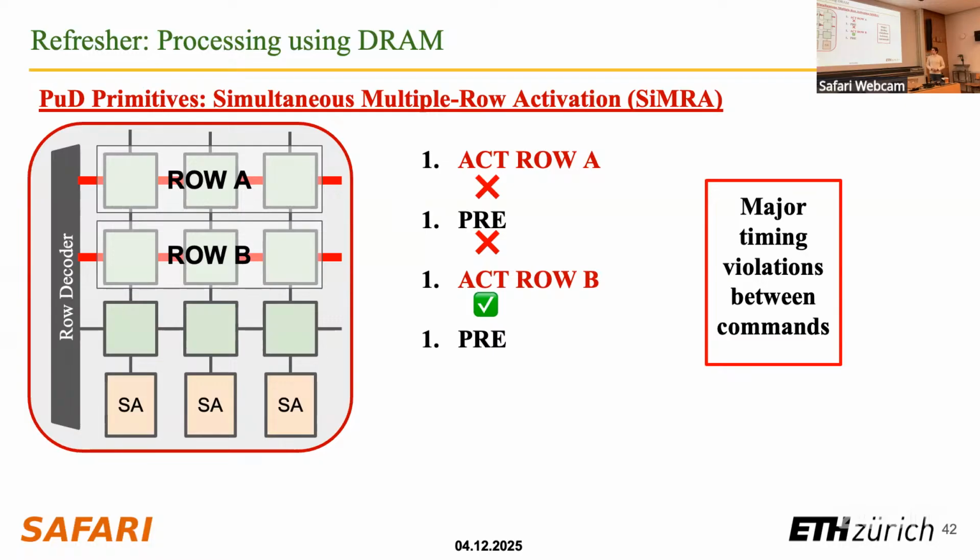And because of how the row decoder is manufactured, depending on which rows you activate here, other rows will also be activated because you violated the timings. So you can activate 2, 4, and then powers of 2 up to 32 rows at the same time, simultaneously. And we will discuss later how this affects RowHammer, or the read disturbance effect.